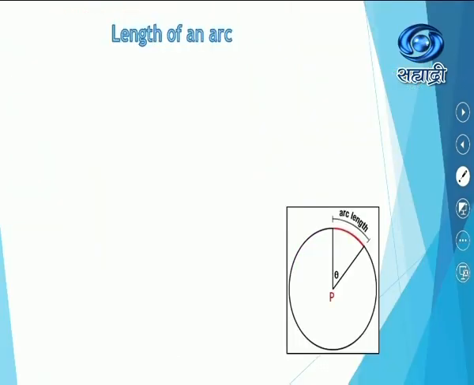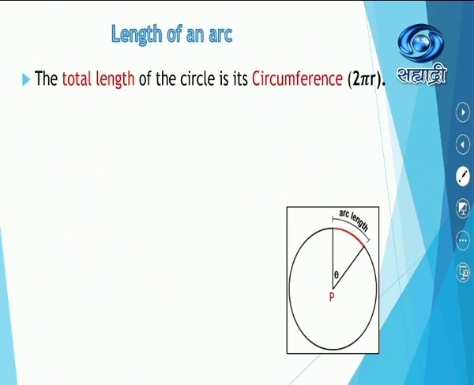Now how to find out the length of an arc? The total length of the circle is its circumference. And you know what the circumference is. It is 2 pi r. We can find it out by using this formula. Now, you also know that the measure of a complete circle is 360 degrees.